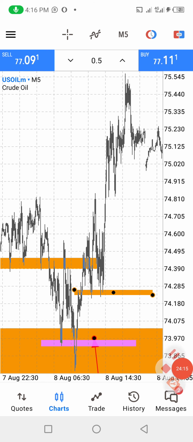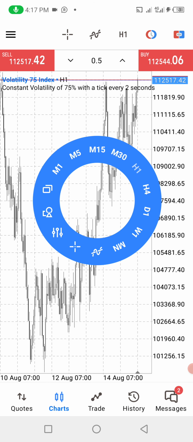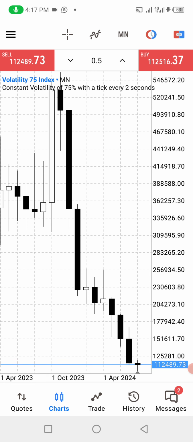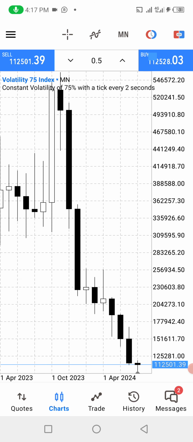Okay, so we are on Volatility 75 Index, and we start with the monthly time frame. What we need to do is check the current environment. What is the current environment in the market? Like the most current stuff you can see.